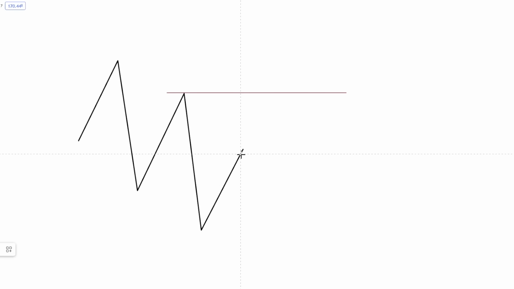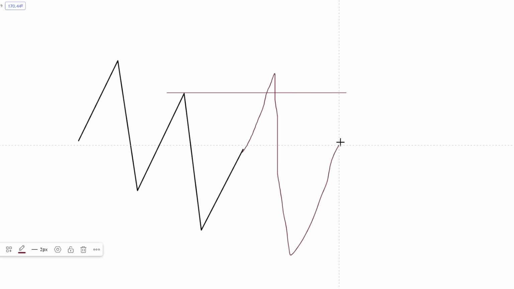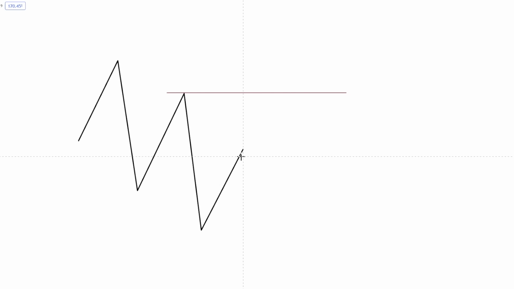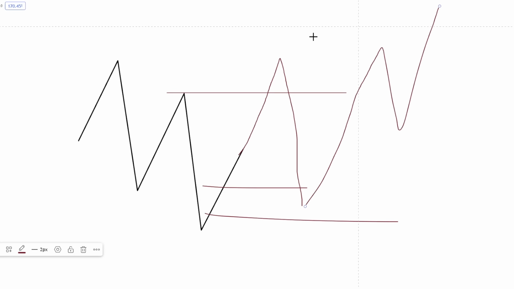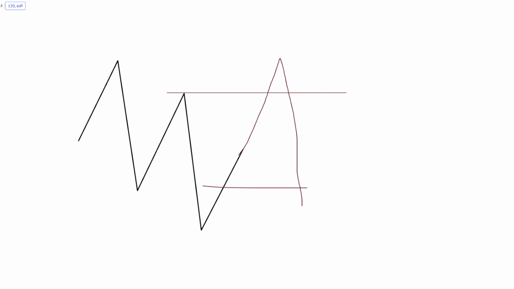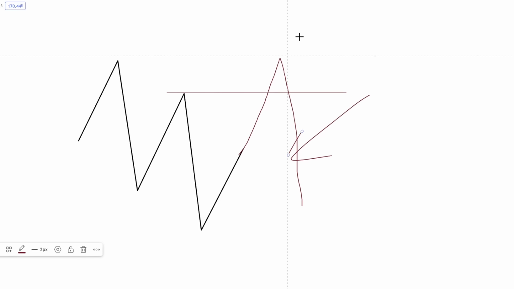You anticipate price to come up for your liquidity sweep and continue the bearish trend. Why? Because this is a bearish trend. Now again, you could get a reversal, but even if you do, you're more than likely to get a break of structure and price coming back inside of the range for internal liquidity to change character. So either way, we're coming back inside of the range.